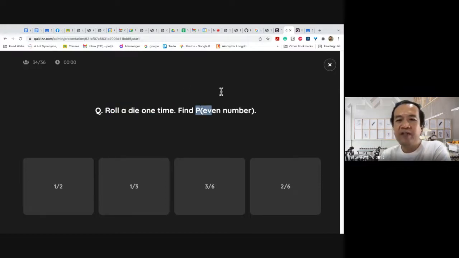Find the probability of rolling an even number. Rolling a die, all the outcomes are 6, right? You can roll 1, 2, 3, 4, 5, 6. But the event that we're interested in is rolling an even number. So even numbers are 2, 4, and then 6, right? So the number of ways of rolling an even number is 3, divided by the number of all possible outcomes, which is 6. So 3 divided by 6. So the answer is 1/2, right?